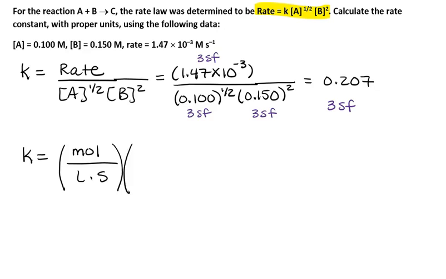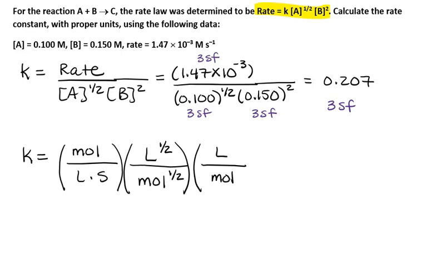We have A in the denominator, which means the moles will be in the denominator and the liters will be in the numerator. This is raised to the power of 1/2, so we're going to put that exponent by each part of the units. And then we have B, which is also moles over liters, starting in the denominator.